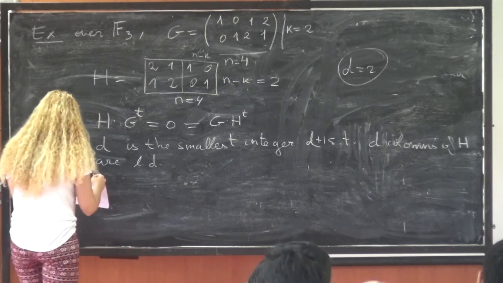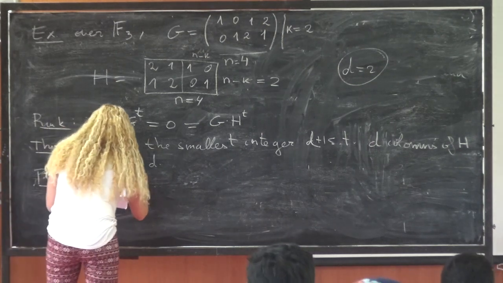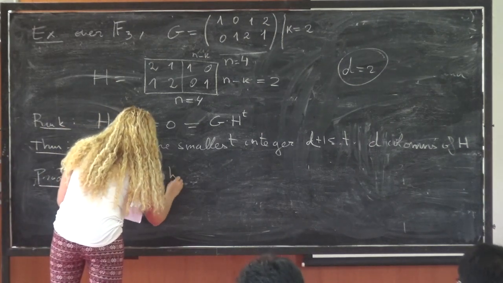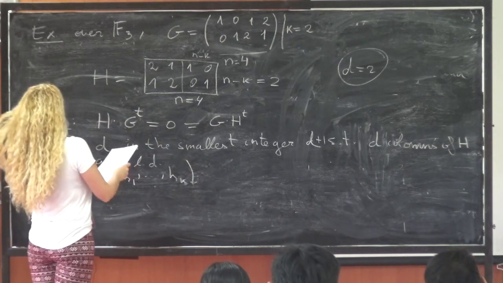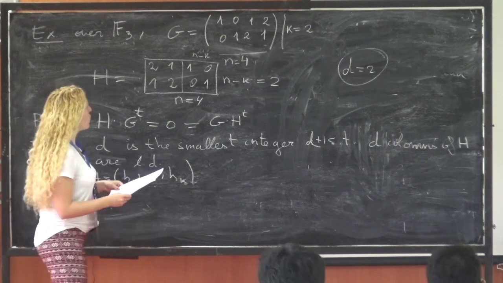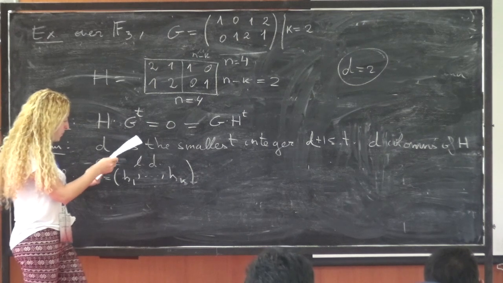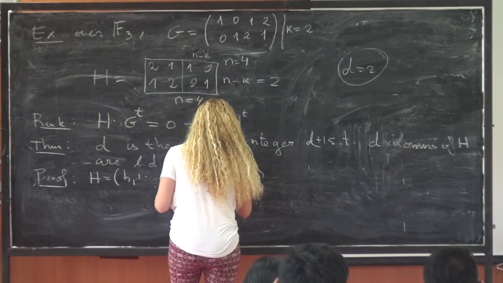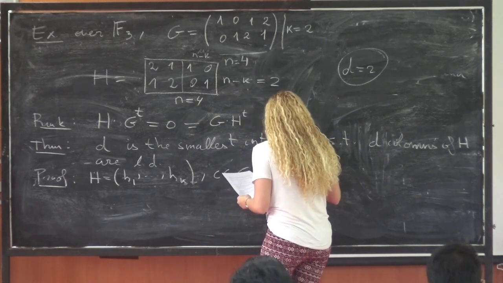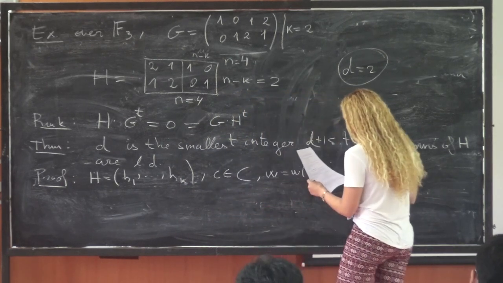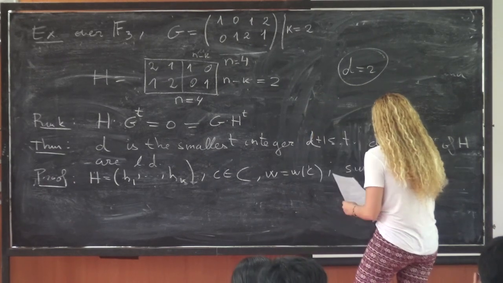Okay, so we start with some notation. So we write the matrix H like this, with columns. So they are n columns. We take c, an element of the code. We call w the weight of the word. And we take the support of this word.